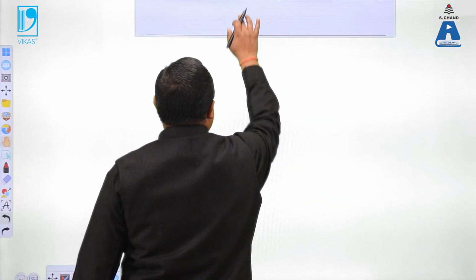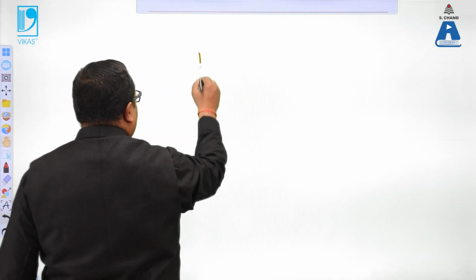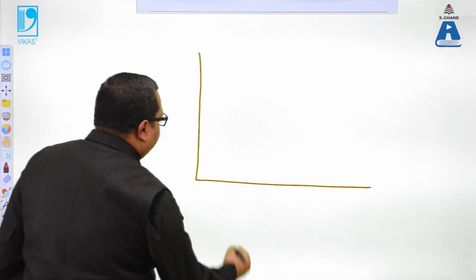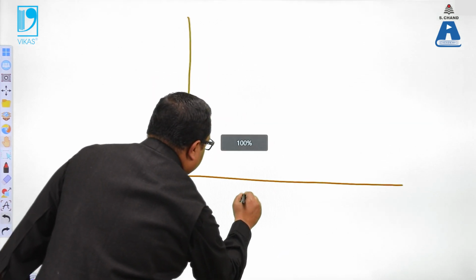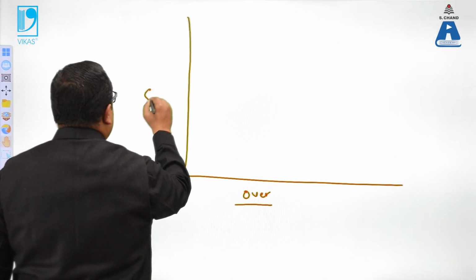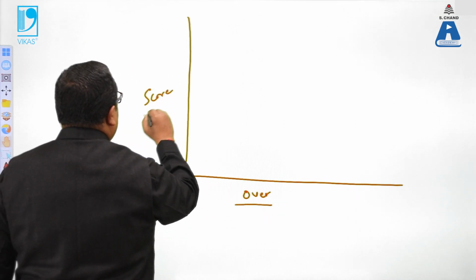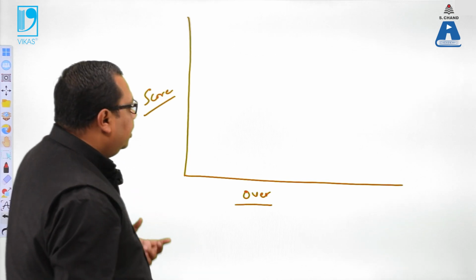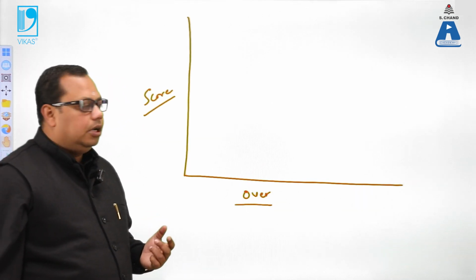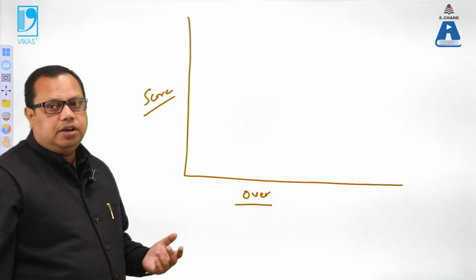So this is the graph. These are the number of overs that are done, and this is the score of the team. Now this method is very useful because in a single look we can see the comparison of the score.